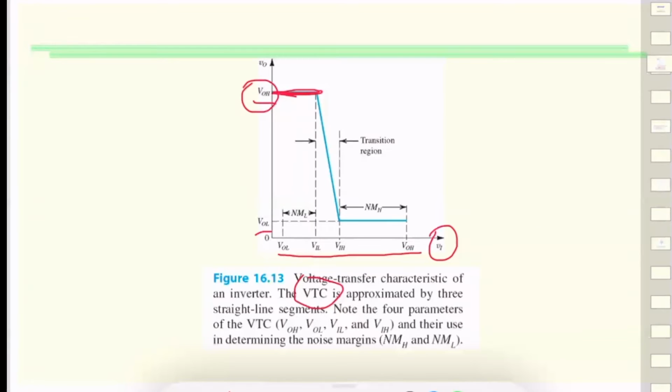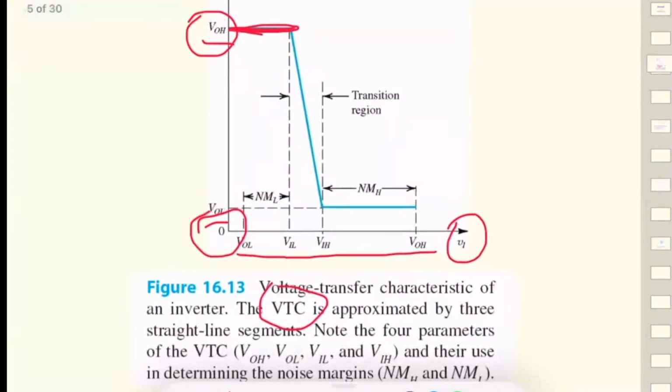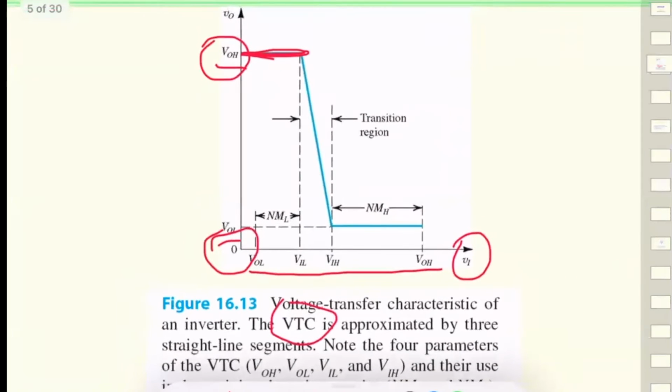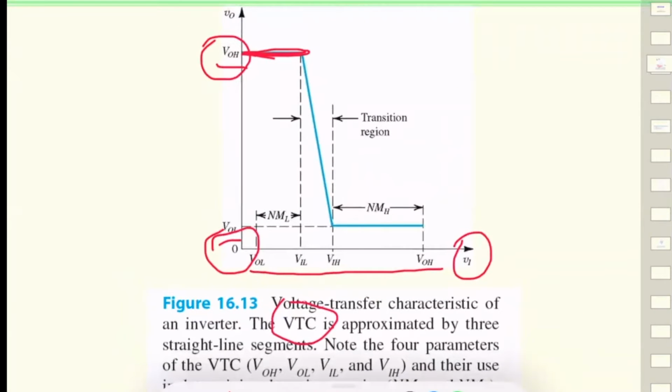level, does not depend exactly on one value of our input. Instead, this has a broader range of input values where it still maintains the high output.